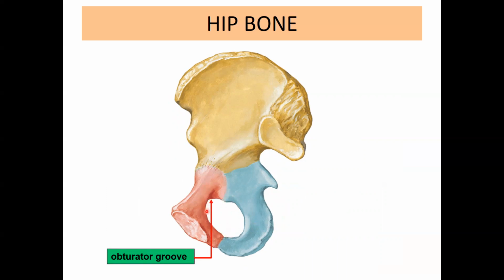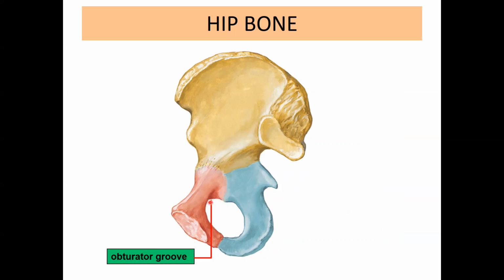So this foramen is actually closed, covered by the obturator membrane, except at this region where the obturator groove is present at the pubic bone. This is the obturator groove.